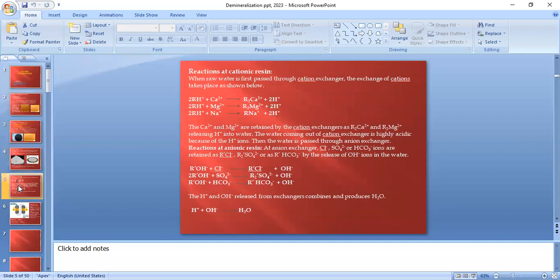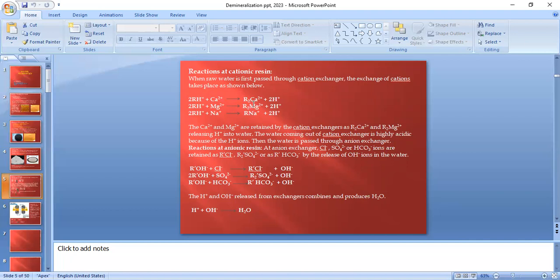So when the water goes through the cation exchanger, otherwise cation exchange resins, can you see the slide? Suppose if you have calcium ions in the water and it is removed by cation exchange resin, thus H plus come to the place of Ca and Ca go to the place of H plus.